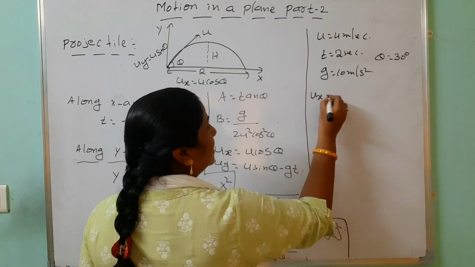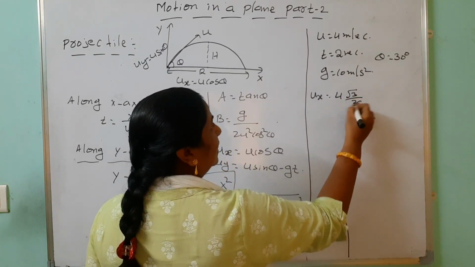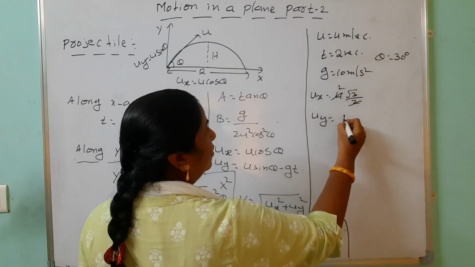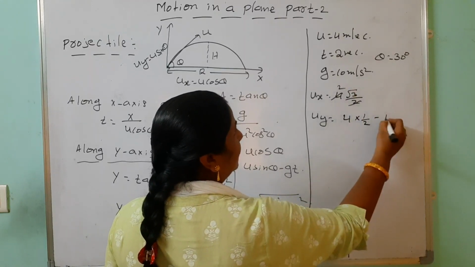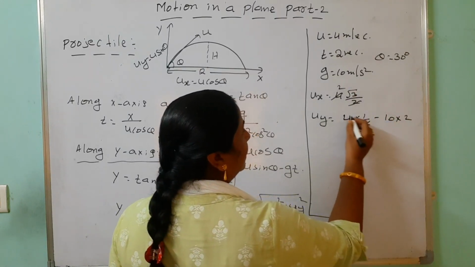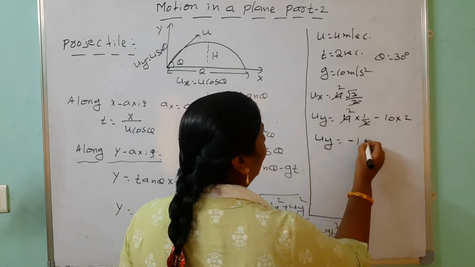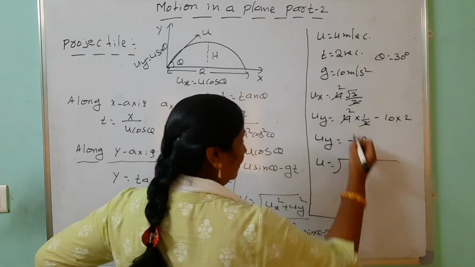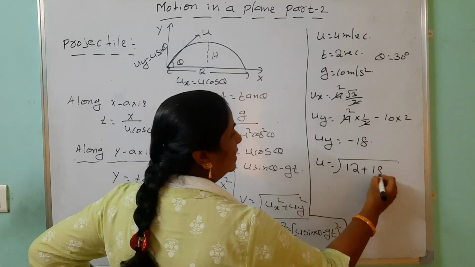Then ux equals u cos theta, 4 into cos 30, which is root 3 by 2. Then uy equals u sin theta, 4 into sin 30, which is 1 by 2, minus g into t, 10 into 2. So uy is 2 minus 20, which is minus 18. Then the resultant velocity is under root of (2 root 3) whole square, which is 12, plus 18 square.